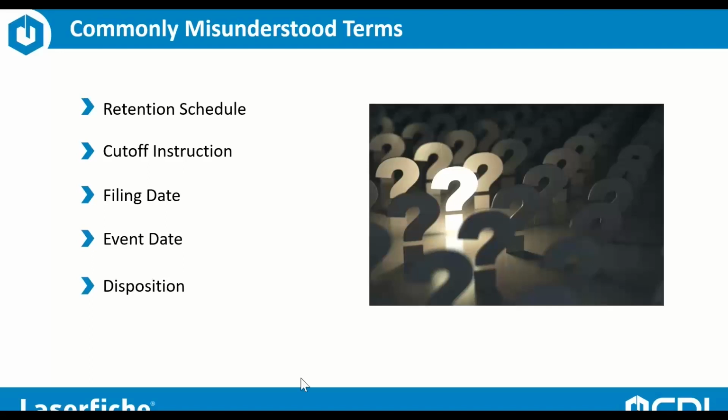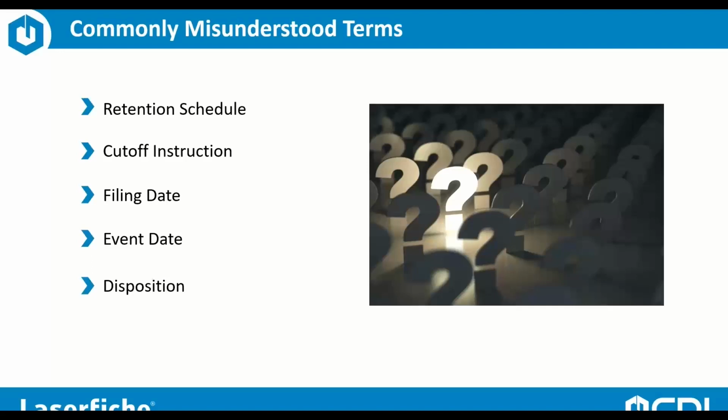For example, a common retention schedule in Laserfiche would be 2 years then destroy, as opposed to the retention schedule being the full list of what to do with every type of record. This focuses on what needs to happen to a single type of record. The cutoff instruction defines what date or event causes the record to transition from being active to inactive.